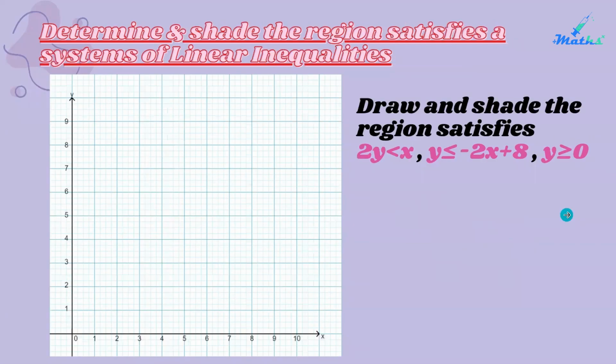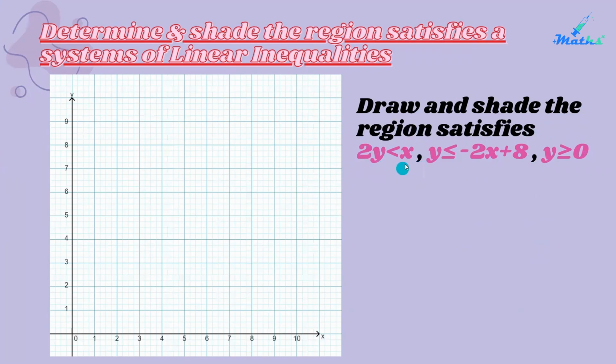So next, let us determine and shade the region that satisfies a system of linear inequalities. Here is an example question: draw and shade the region that satisfies 2y less than x, y less than or equal to negative 2x plus 8, and y more than or equal to 0.